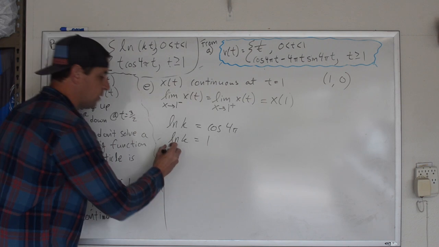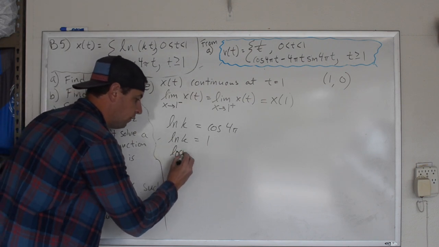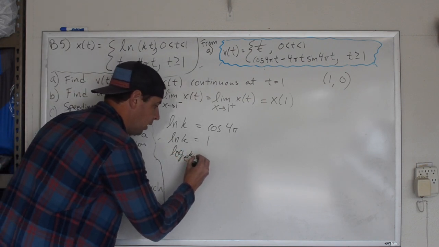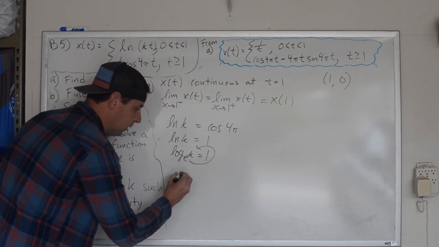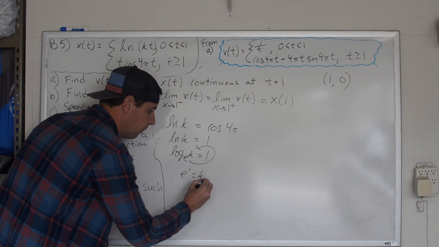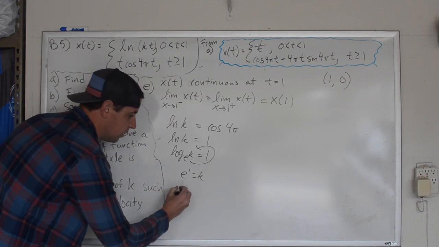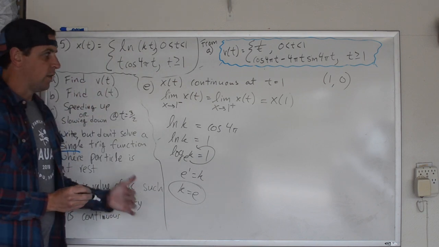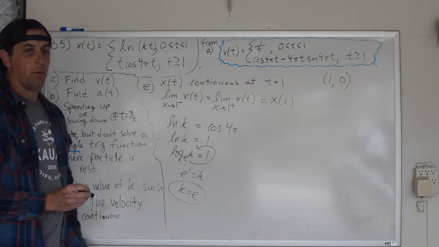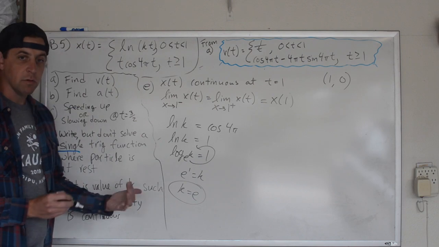We need to solve for this. This is where we're going to use our good old-fashioned swoopy-doop. Log base e of k equals 1. This would be e to the first equals k. And e to the first is just e. And so I get k is equal to e. Okay. So this is the value that I would want for k to make the function continuous.